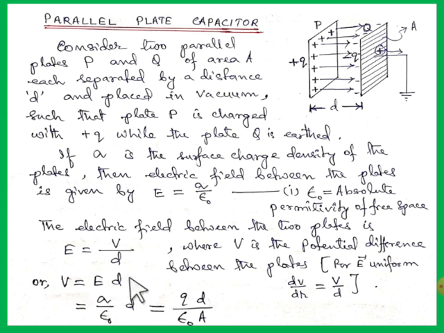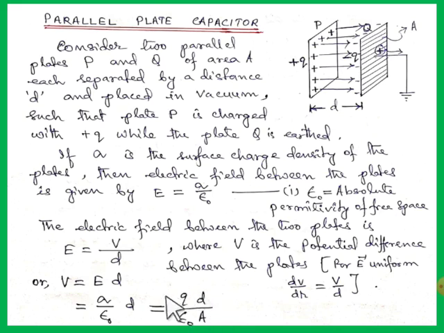So E will be equal to sigma by epsilon naught, and sigma is the surface charge density, the total charge divided by the total area, so sigma is Q by A. Then V equals Q by A into d by epsilon naught.